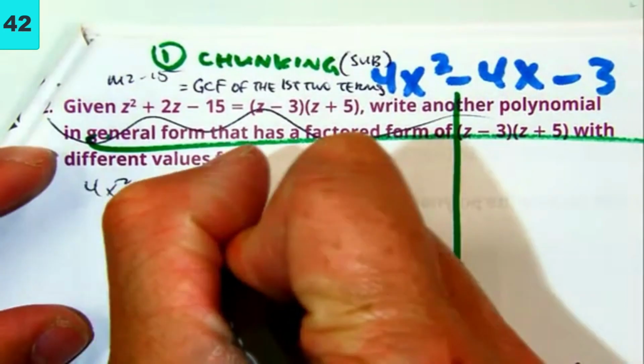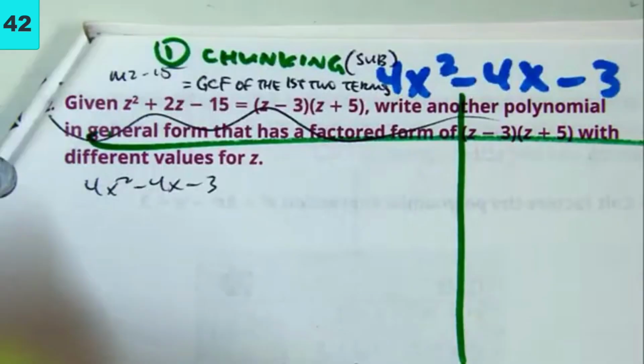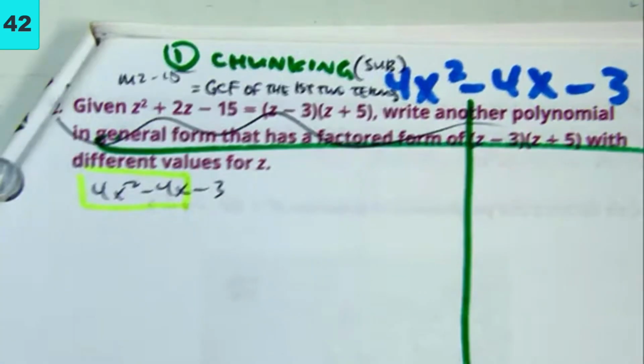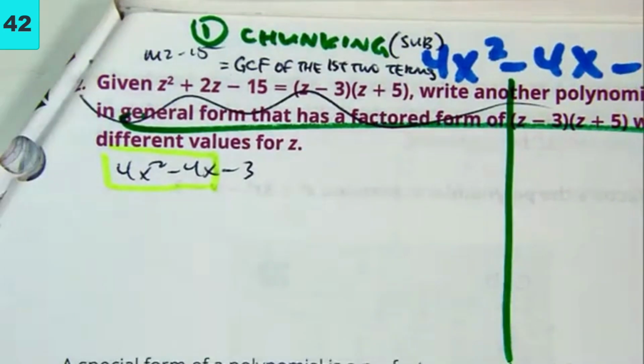Partner A tell partner B, what is your GCF of the first two terms? Ready, set, go. Okay, so you guys recognize they both have a what? A 4x.